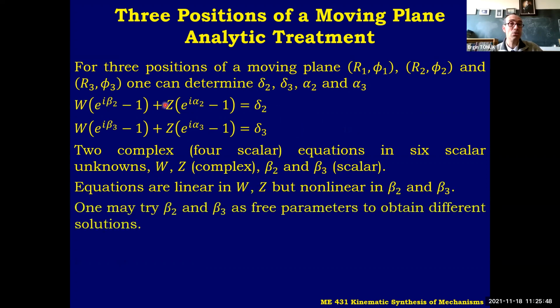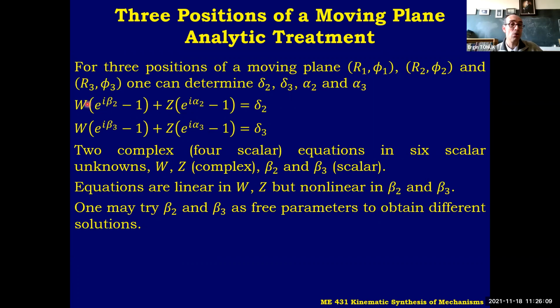W and Z are 2 complex unknowns. W corresponds to the position of the unknown crank in the first position, and Z corresponds to the vector from the moving pivot, which is A1, to P1. These are unknowns.